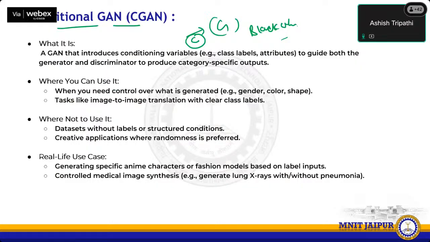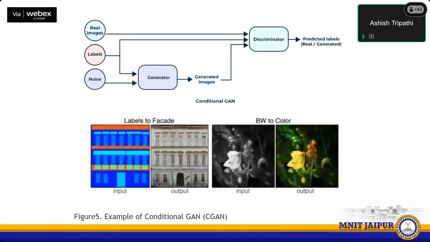So we can give some conditions to the GAN about which kind of image to generate. For example, if I have to generate an X-ray image, we can give a condition that you have to generate a black and white kind of image. So this is the example of conditional GAN.